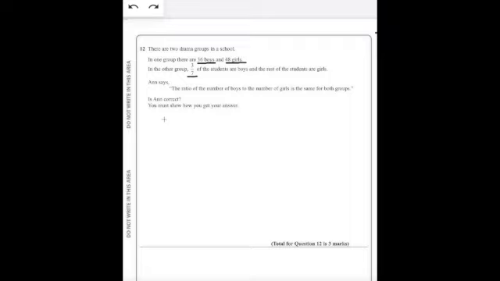So with this, you pretty much got to do the amount of boys, because it says in the other group, 3 out of 7 students of the group are boys. So you want to see the boy to girl ratio in the other group. You do 36 for the amount of boys over the total amount of students, 36 plus 48, because you want to see the boys to the student ratio.